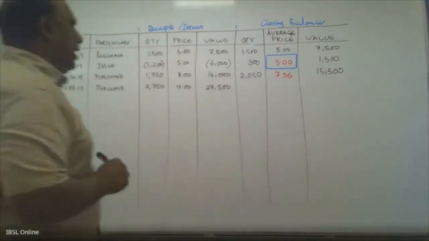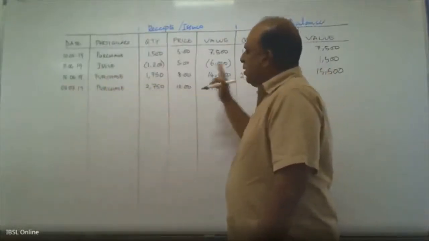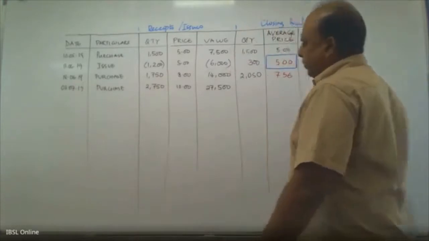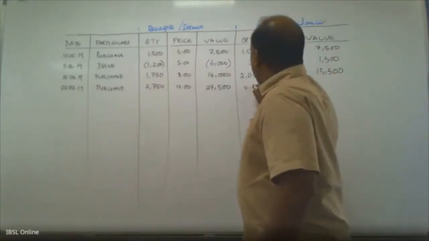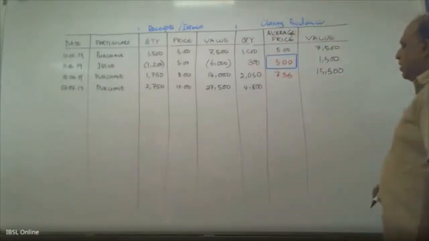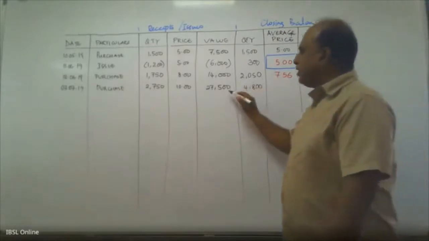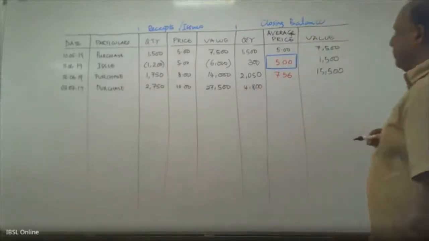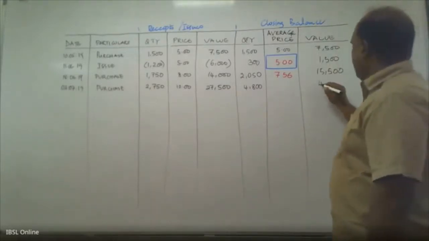So now again you look at it, 2,050 plus 2,750. So that will make the total units to be 4,800. 15,500 plus 27,500. How much is that? I think that is 43,000.